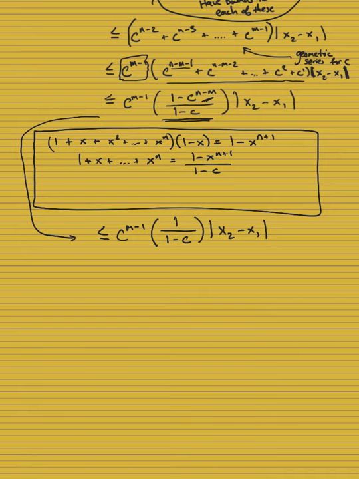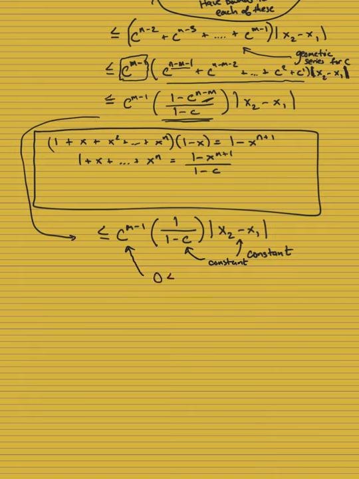All right, and now let's see what's going on. Well, this is just some constant, right? As is this. Okay? On the other hand, c to the m minus 1 is going to 0.